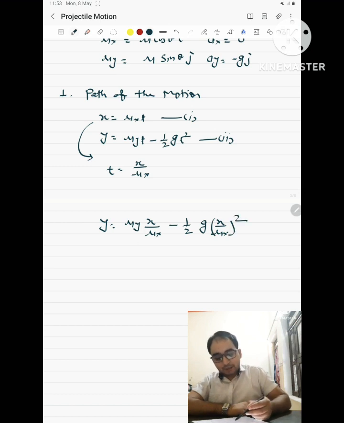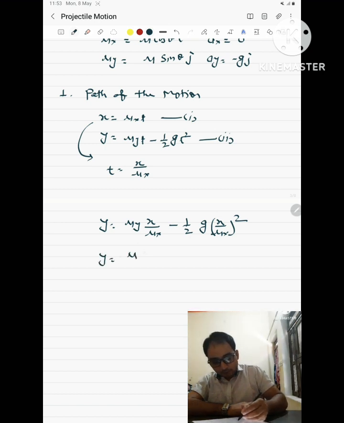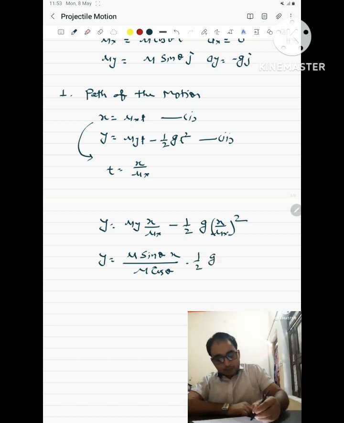Now if we put the value of uy and ux, we will get y is equal to u sin theta x upon u cos theta minus half of g x square upon u square cos square theta.